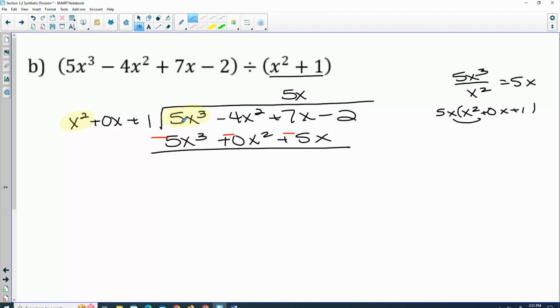Positive 5x cubed and negative 5x cubed cancel. Negative 4x squared minus 0x squared is still negative 4x squared. 7x minus 5x is 2x. And then we have our minus 2.